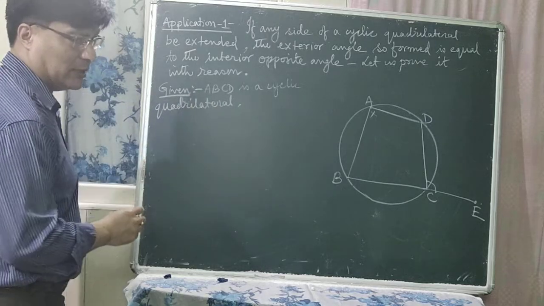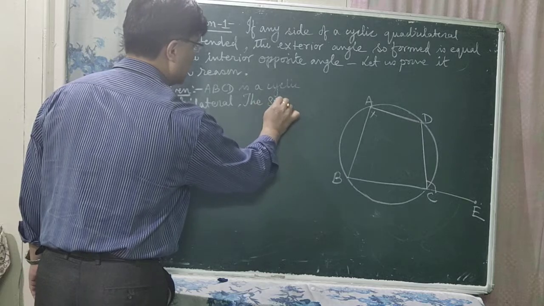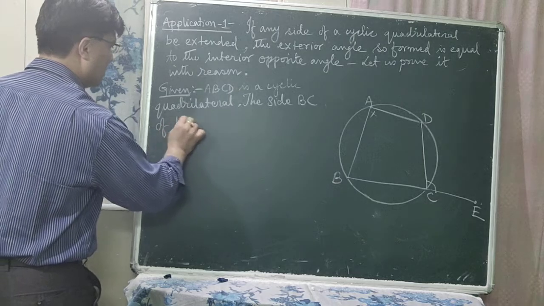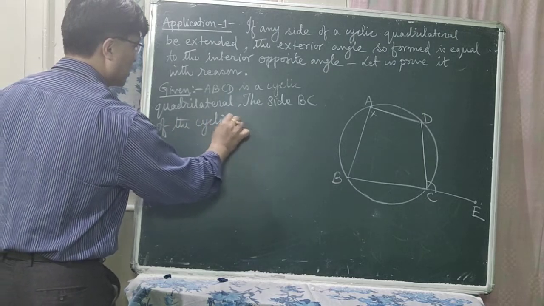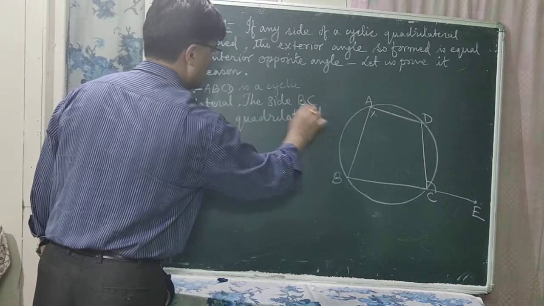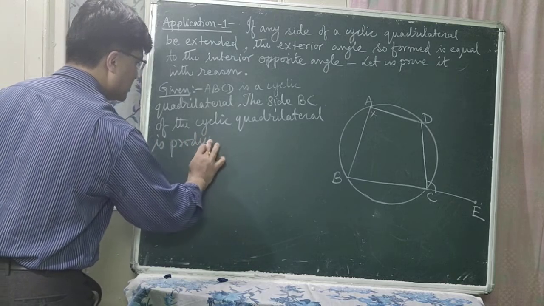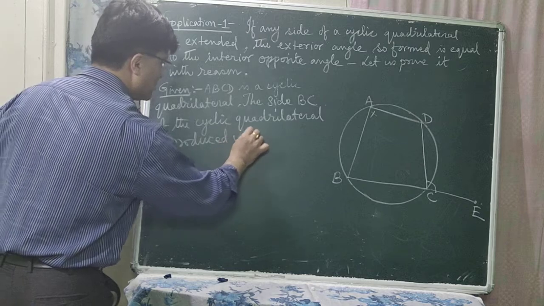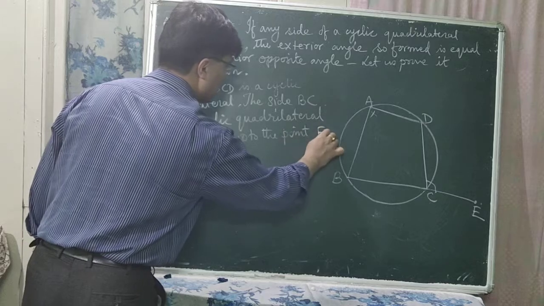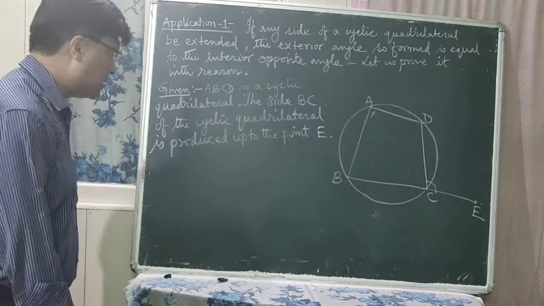ABCD is a cyclic quadrilateral. Then the side BC of the cyclic quadrilateral is produced up to the point E. So given here is ABCD is a cyclic quadrilateral.